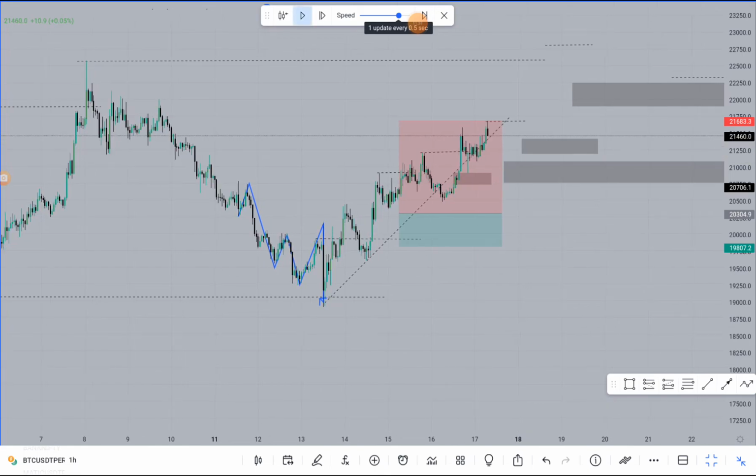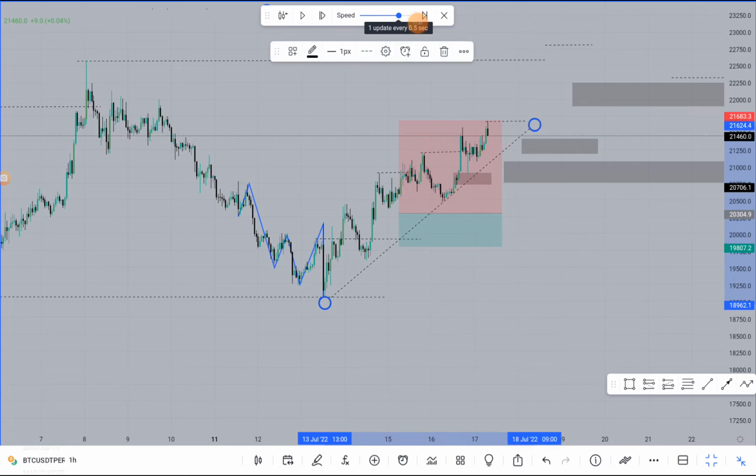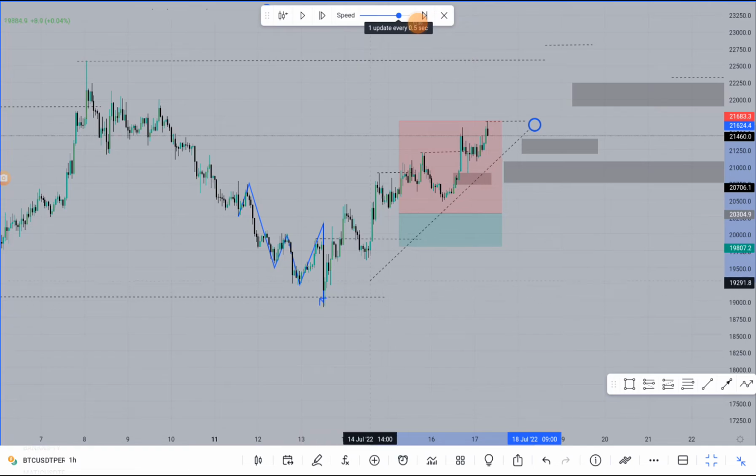Our entry did not get hit, but you can see that price continued the move. So you can see, adjust our trend line, and as price is moving, you can keep adjusting your trend line.